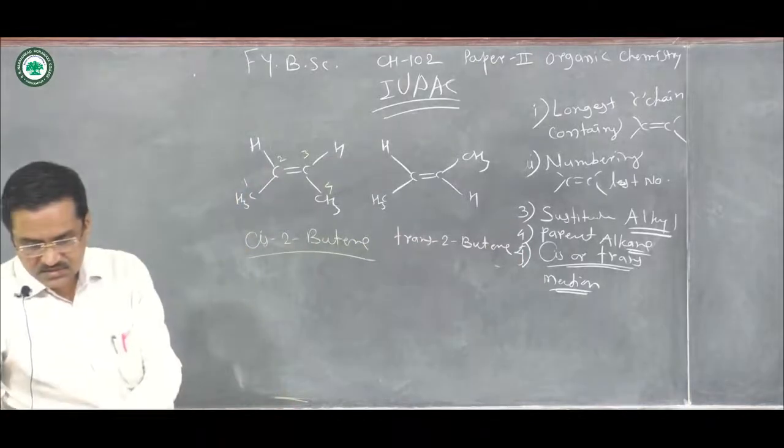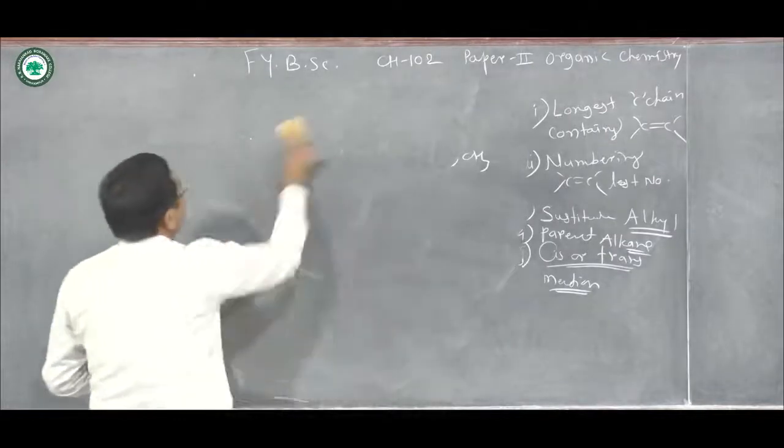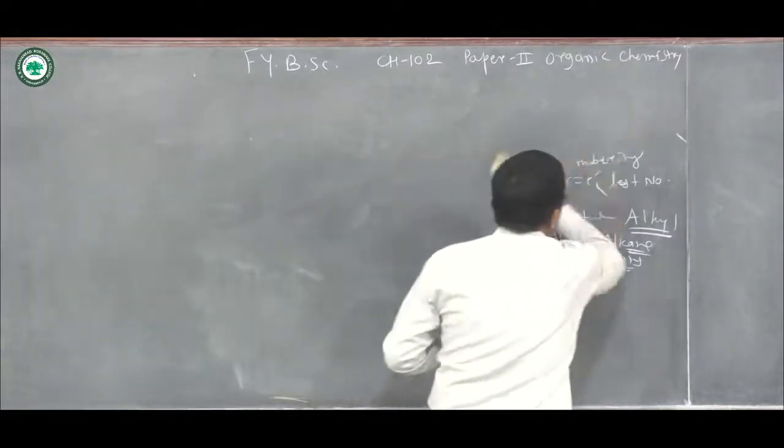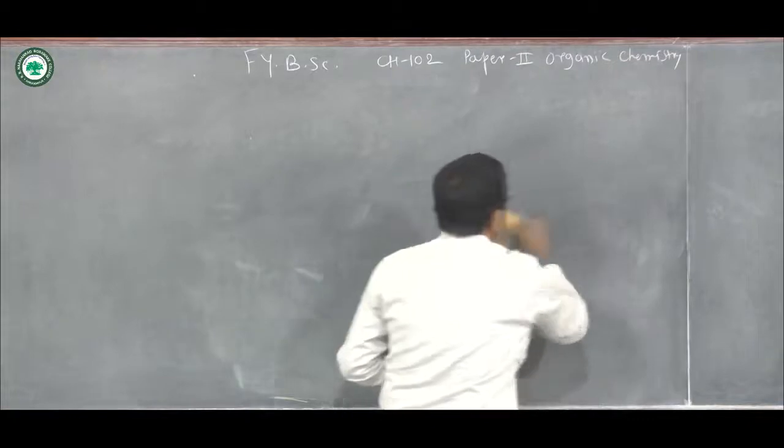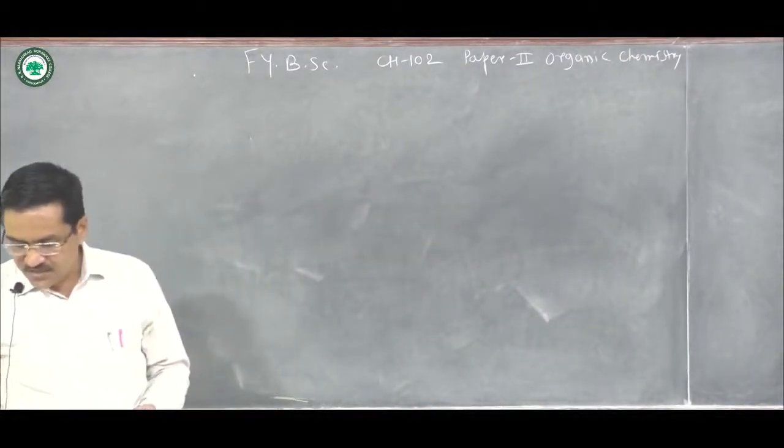Now these are the IUPAC nomenclatures. After this we will move towards the preparation of alkene.